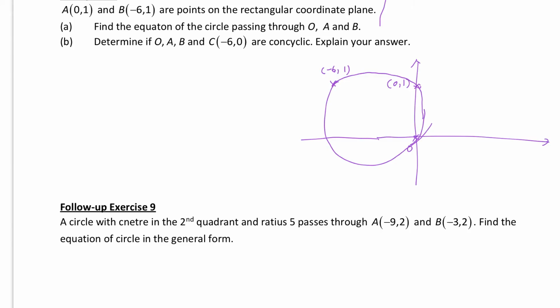You can also apply that on these questions. Maybe you let the coordinate of center be h and k, and the radius be r, and try to set up some equation, and then you can simplify it. But if we know the coordinates of 3 points on the circle, then we can use this method. Try to let the equation of circle be in general form.